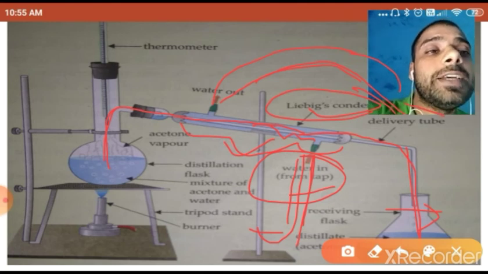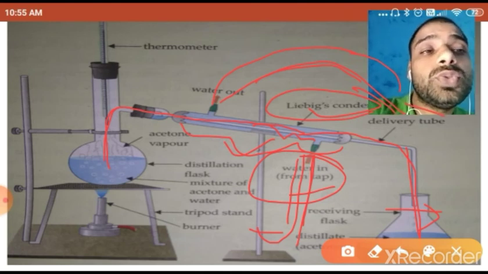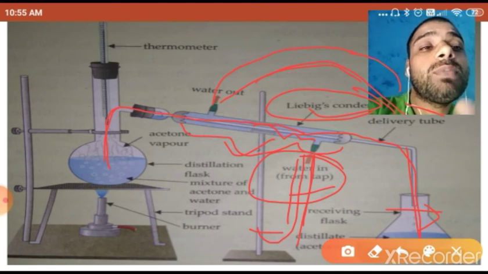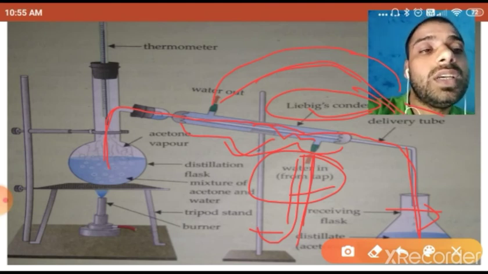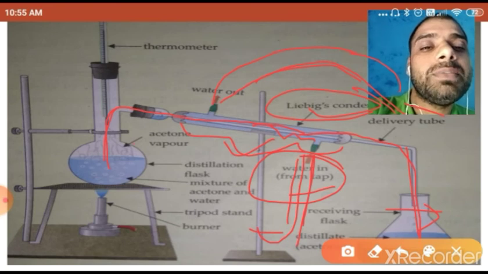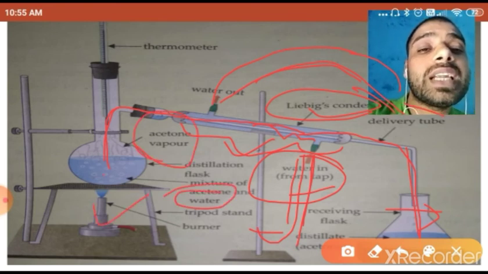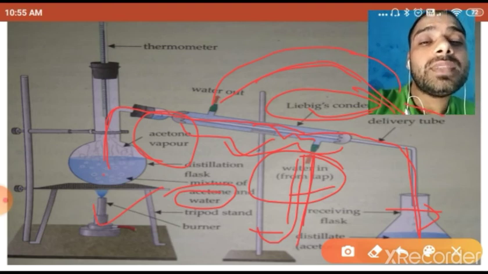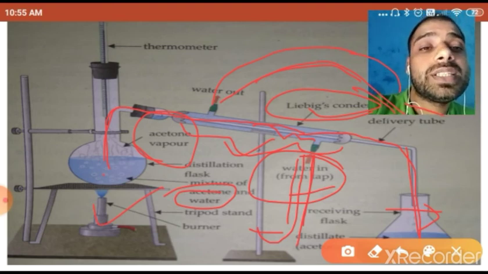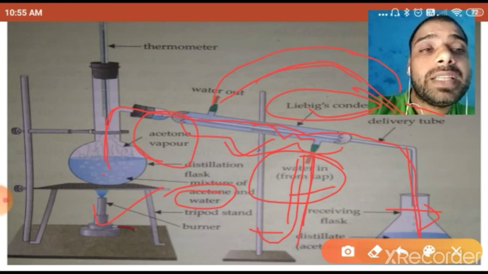Okay, dear student, that is one thing you should know, that with this arrangement we can perform our distillation procedure. Simple it is. You can take a mixture of acetone plus water into this one. You will start giving heat, and then you will see that at the boiling point of acetone, it will start vaporizing.